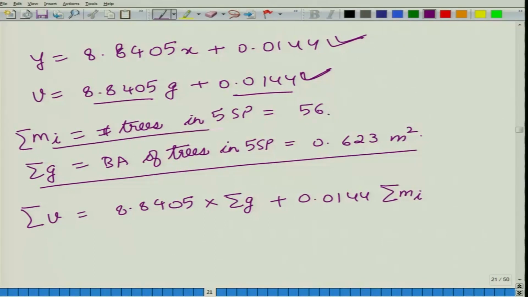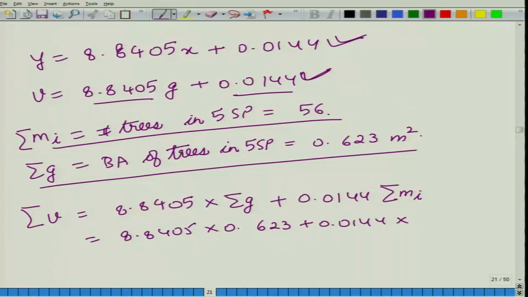So, this is the sum of the mi values. What do we get here? We have 8.8405 into 0.623 plus 0.0144 multiplied by 56.